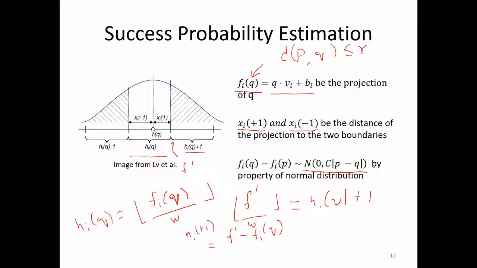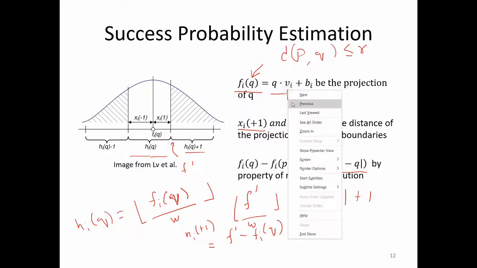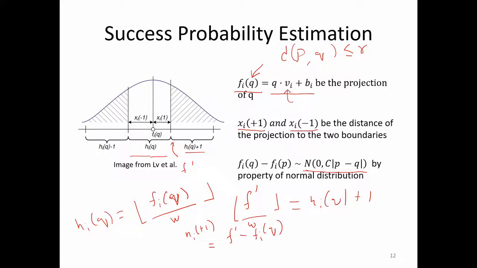This comes from the fact that you see this v_i is basically taken from a Gaussian and then normalized.